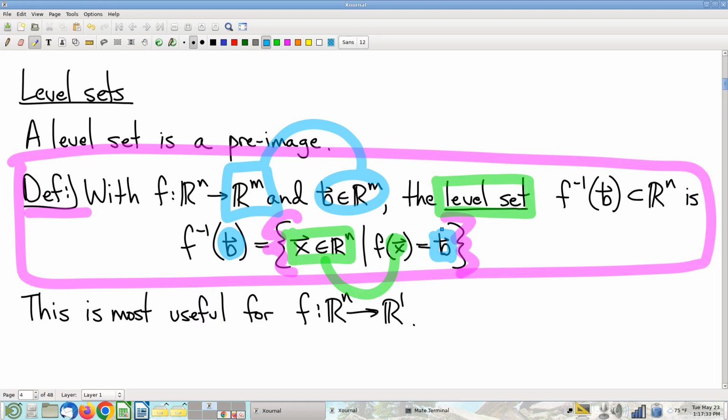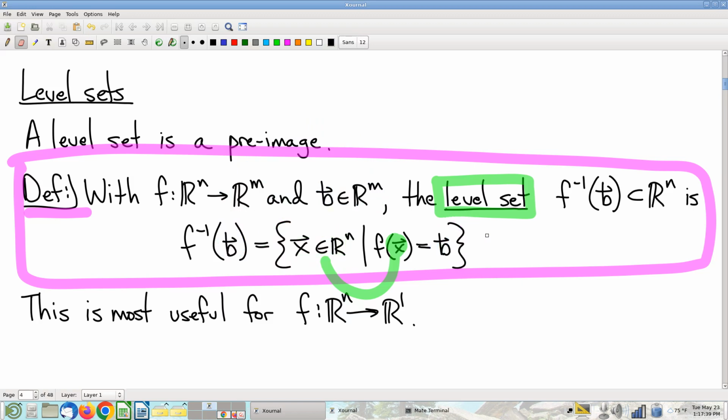This is pre-image. Notice, this is just for intuitive purposes, but we're starting with an output value here, and what we produce is a subset of the domain.